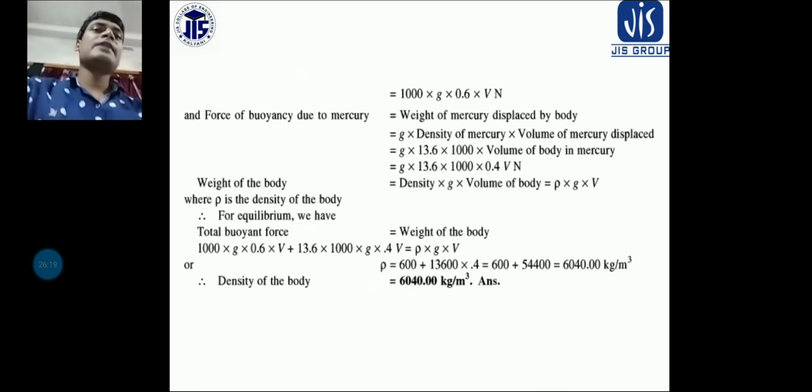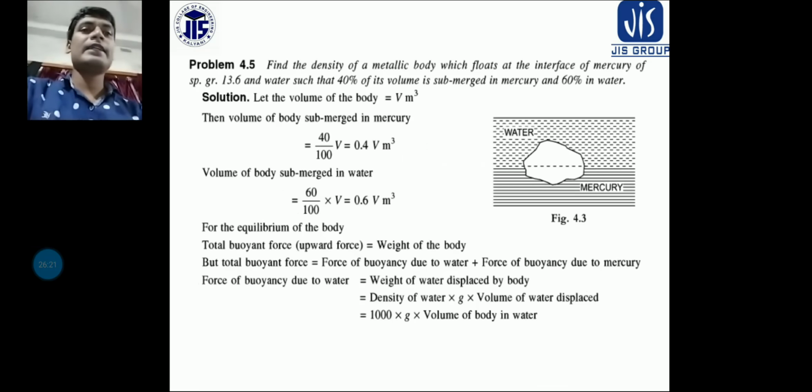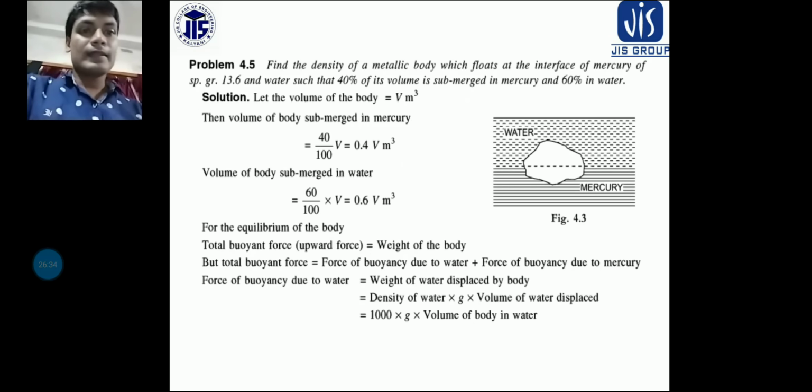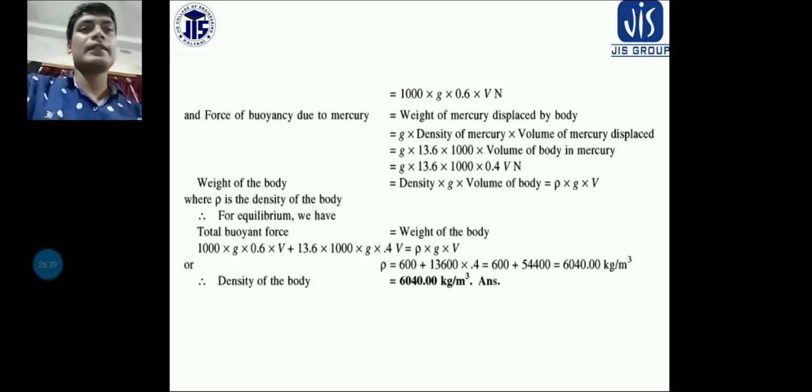Now 1000 into g into 0.6 v, because I have already got 0.6 v as the volume of the body submerged in water. So 1000 into g into 0.6 into v Newton is the buoyant force, the force of buoyancy due to water.